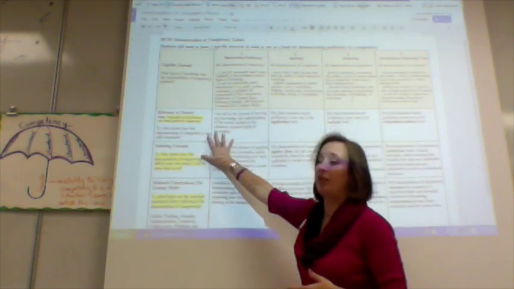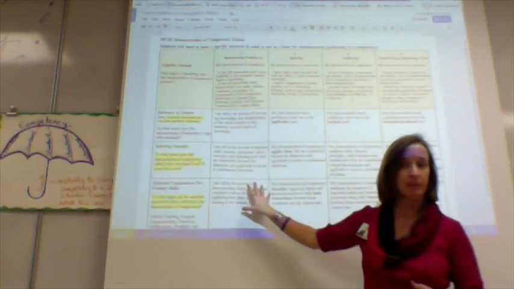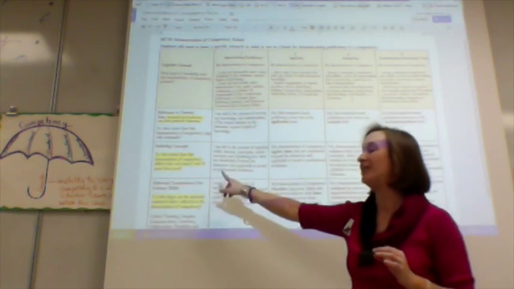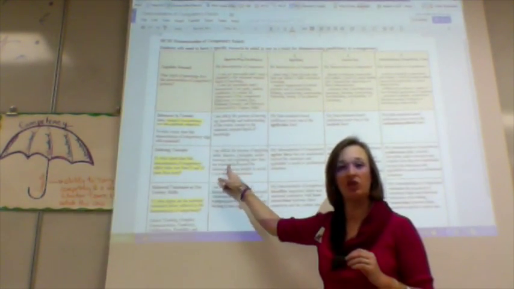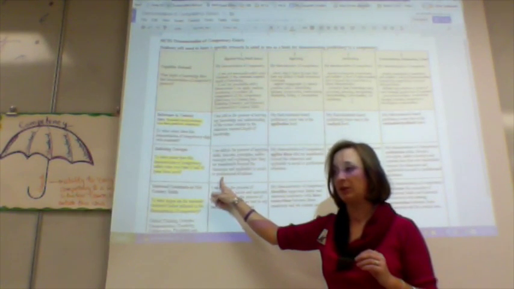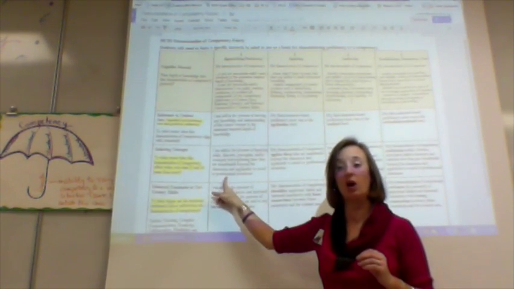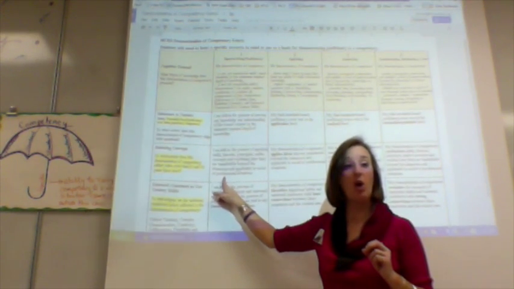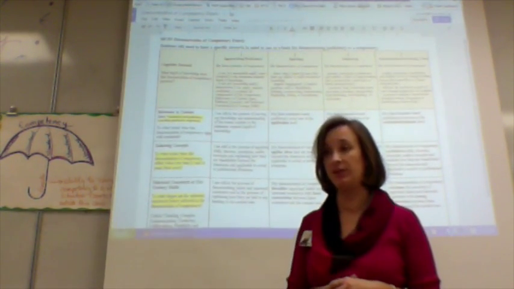Now, if I'm using this rubric to demonstrate competency 1, what skills do I have to show have an enduring concept? Which skills am I going to draw from for competency 1? How do I know which skills to draw from for competency 1?